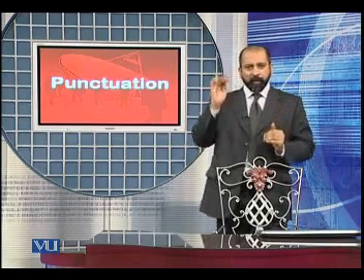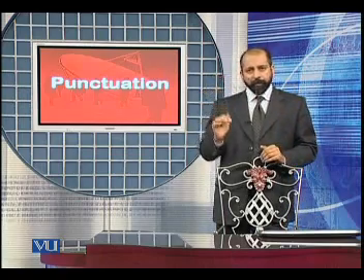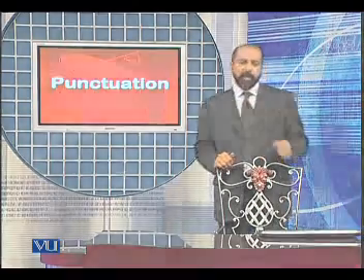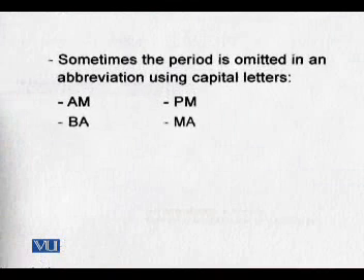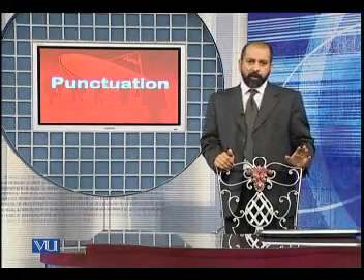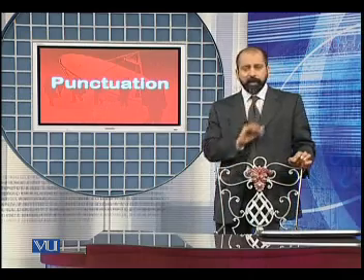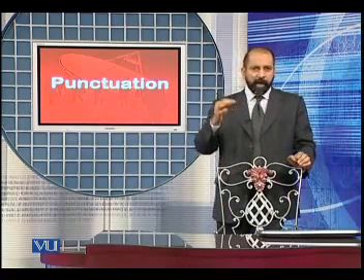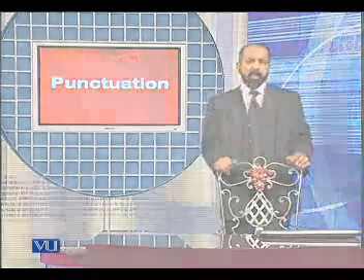A capital, M capital, P capital, M capital, and here there is no need to put any full stop. Exactly the same way when we talk about our qualifications like FA, BA and Matric. These are uppercase abbreviations. There is no need to give any full stop inside, like F dot A dot or B dot A dot or M dot A dot. There is no need actually.